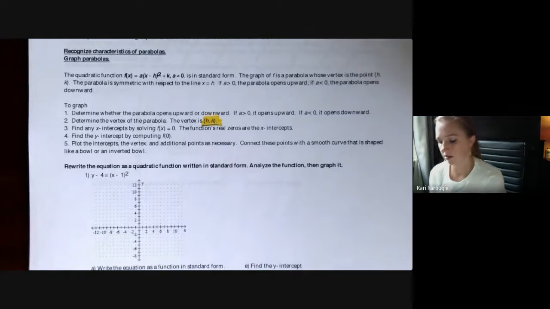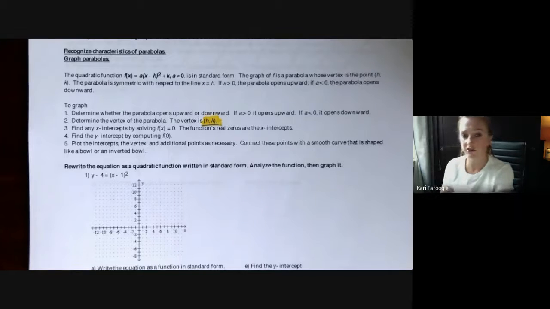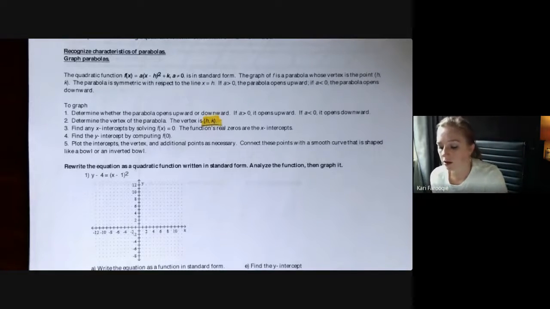Remember to find the x-intercept, we let y be 0. y and f of x will be synonymous in this case. The function's real zeros are the x-intercepts. Find the y-intercept by computing f of 0. And then we're going to plot the intercepts, the vertex, and additional points if we need them. And we'll connect the points with a smooth curve that's shaped like a bowl or an inverted bowl.